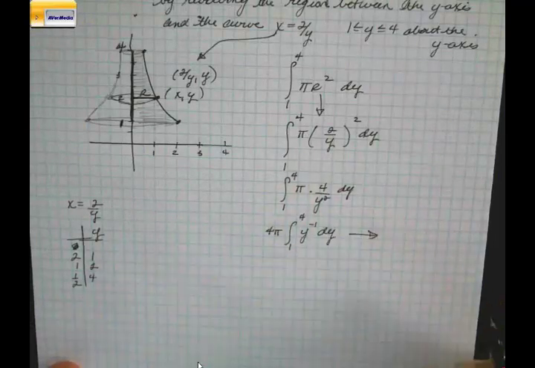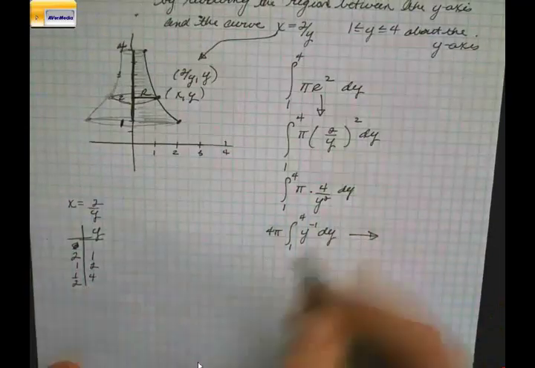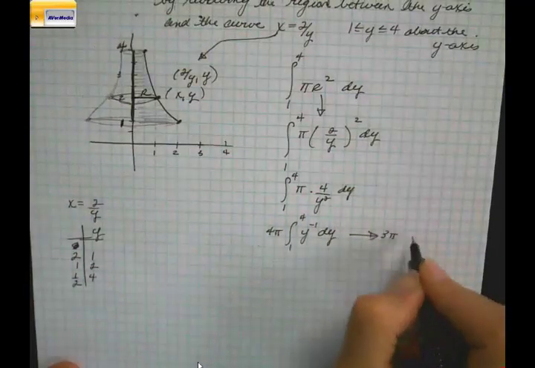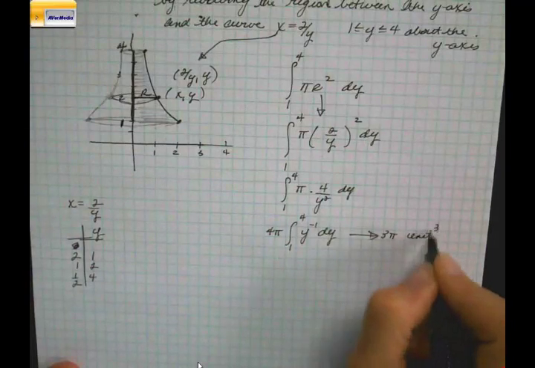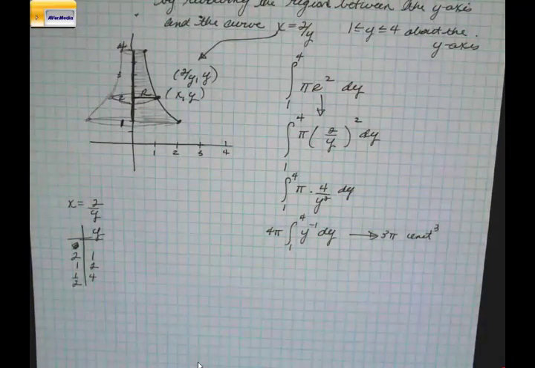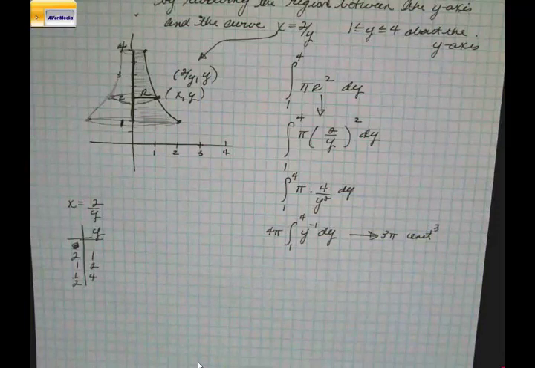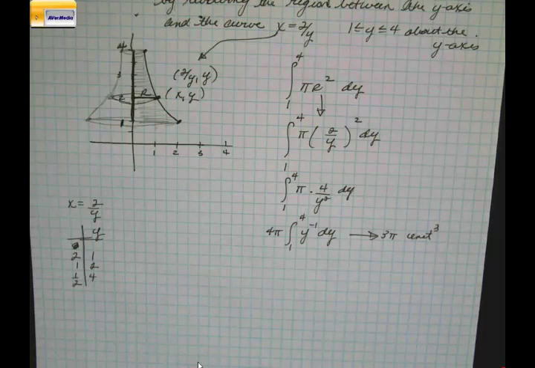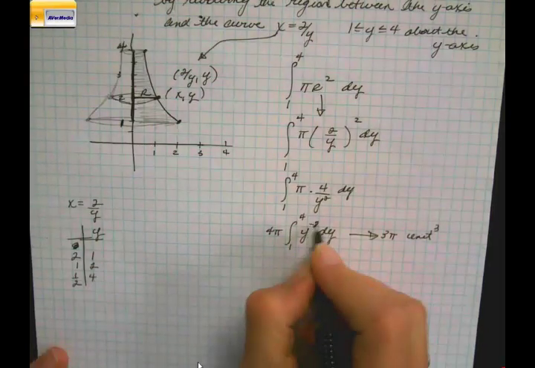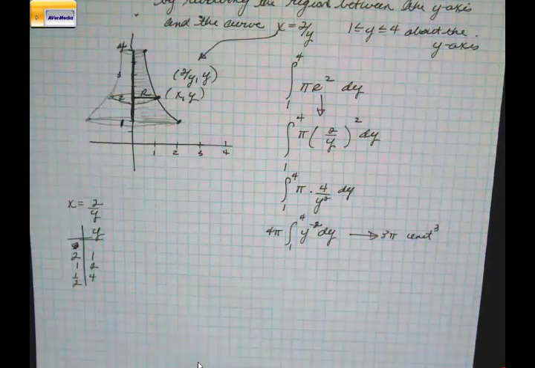This will not be difficult to do, and your result will be 3 pi, which will give you the volume of that solid. Yeah, we'll fix that. Sorry about that. I was thinking y to the negative 2.